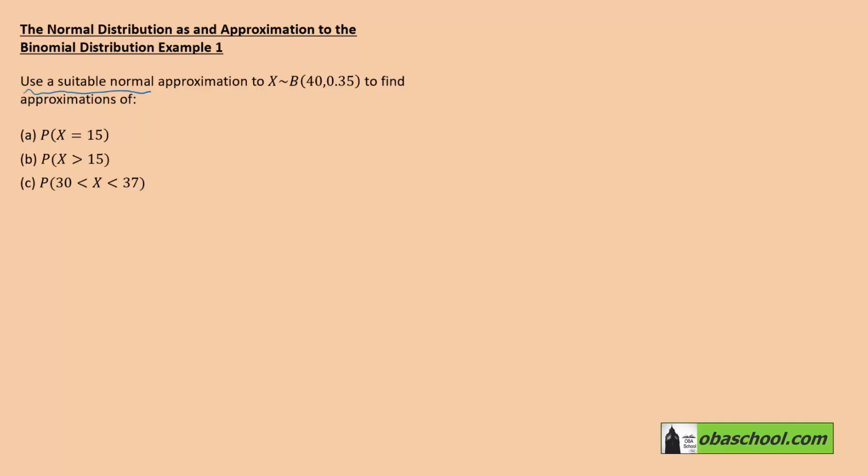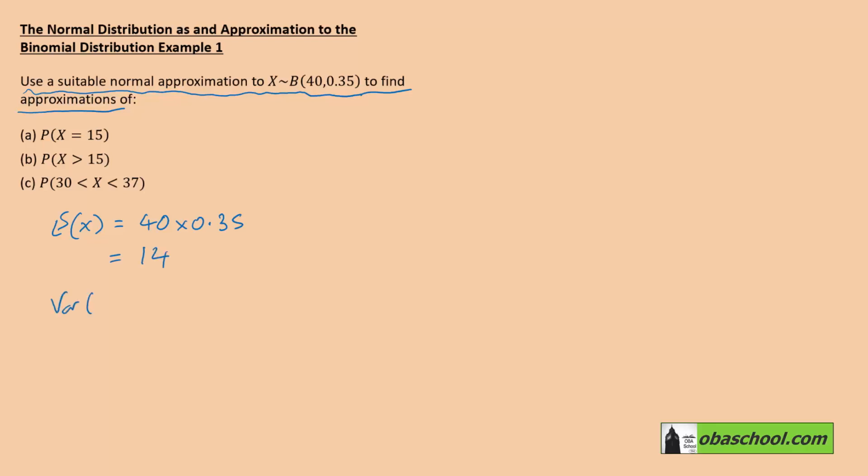Use a suitable normal approximation to x, a binomial with 40 trials and probability of success 0.35, to find approximations of the following. So first of all, we want to find the expectation of x, that's the mean, and that's 40 times 0.35, and that is actually 14.